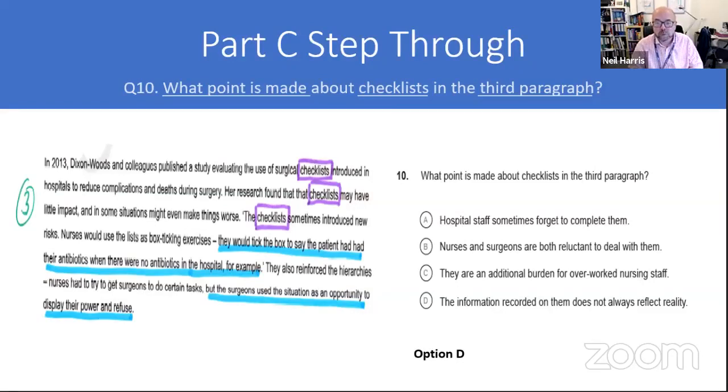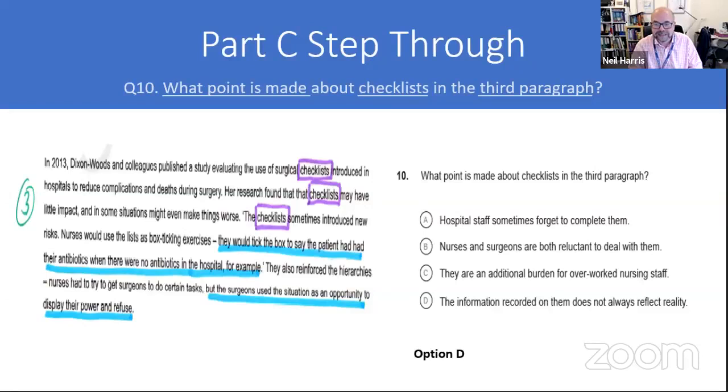We'll see words in options that appear exactly in the text. But what comes around those spotted keywords, and this is what we call word spotting, where someone like you doing the test spots a keyword from an option in the text and goes, yeah, we've got nurses, yeah, we've got surgeons, B's correct. You need to read more detail. Reluctant to deal with them. There is nothing in the passage about reluctance.